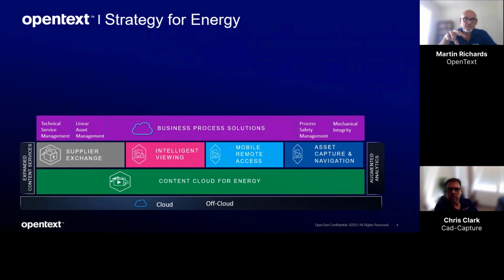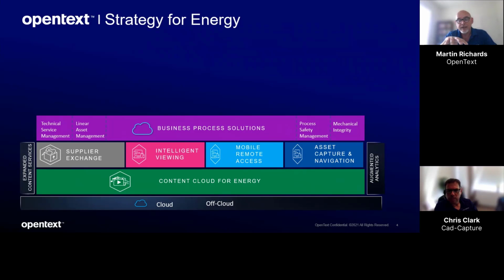And then on top of that, what we are then going to start bringing to market increasingly are our business process solutions that add value to that content platform. Things like the management of technical service requests, management of linear assets, process safety management, mechanical integrity, operational risk management, for example. And over the next 2 or 3 webinars, I'll begin to introduce some of these solutions to you and explain about them.